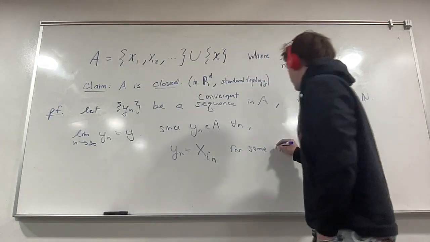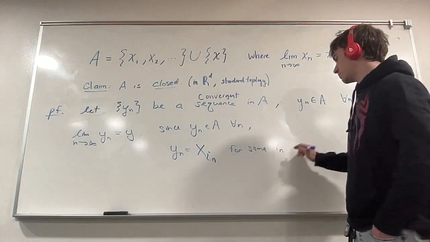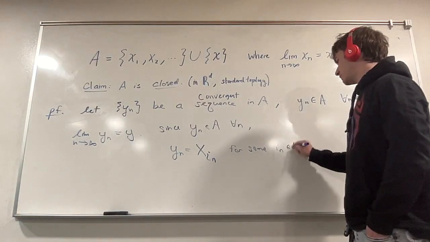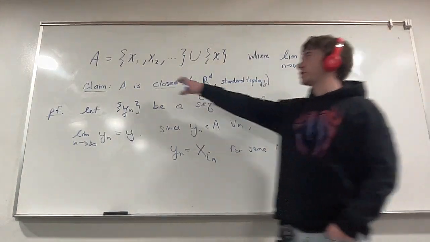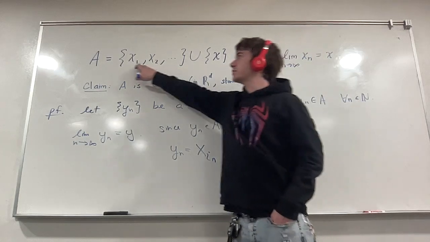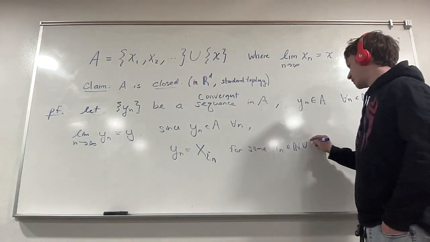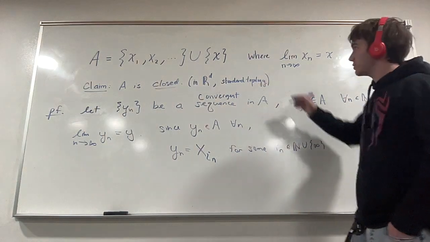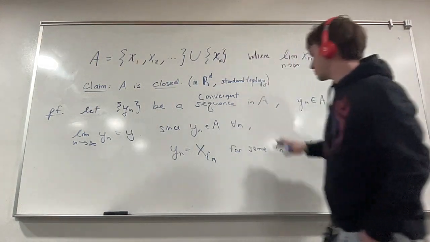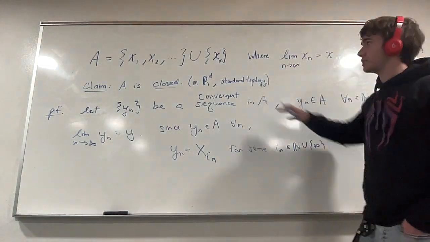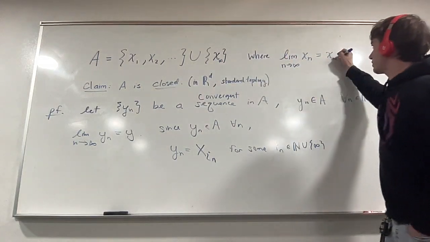Now i sub n could be one of two things. i sub n could be in the natural numbers, corresponding to a choice of element in here, or i sub n could be x itself. So I'm going to label x with the label infinity, and then just say i sub n could also be infinity, which corresponds to choosing the limit point here, okay?